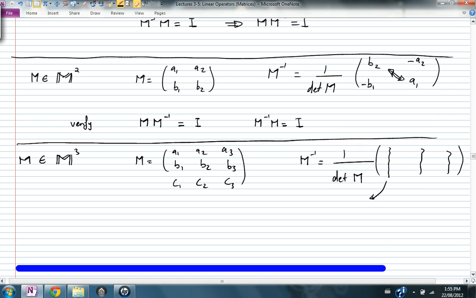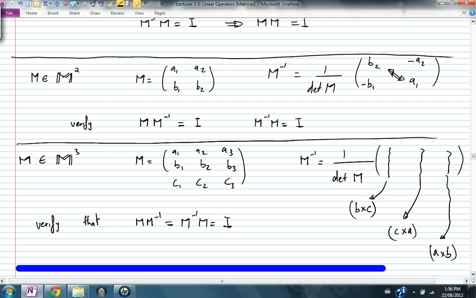This vector is equal to B cross C, this vector is equal to C cross A, and this vector is equal to A cross B. And you need to verify that M times M minus 1, equal to M minus 1 M, is equal to the identity matrix.